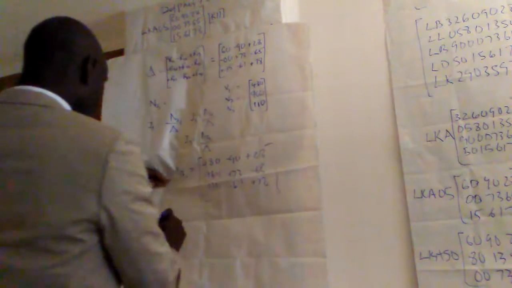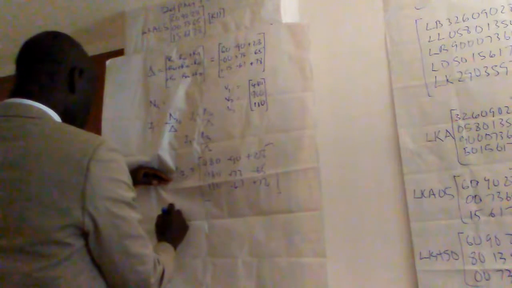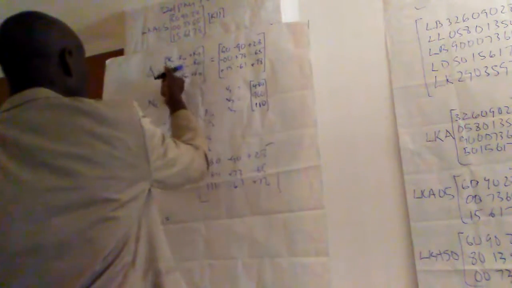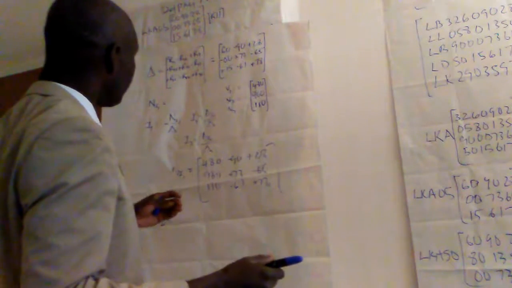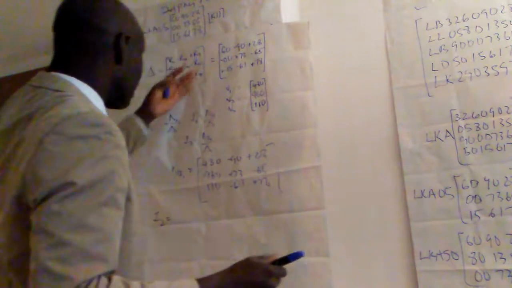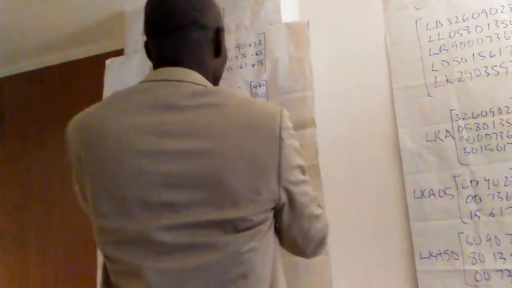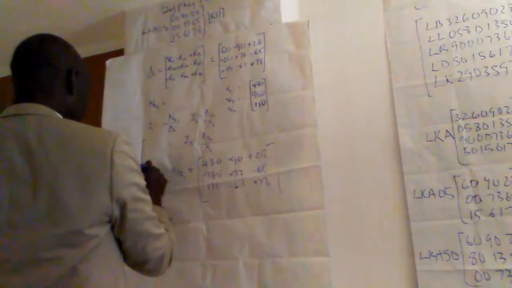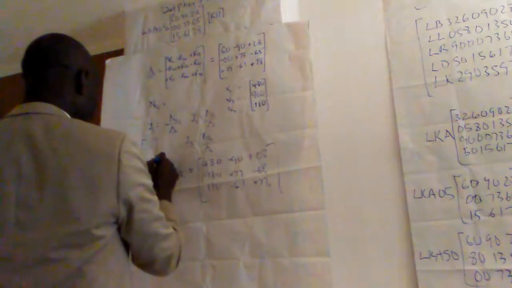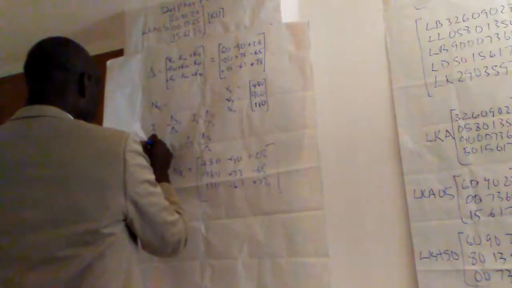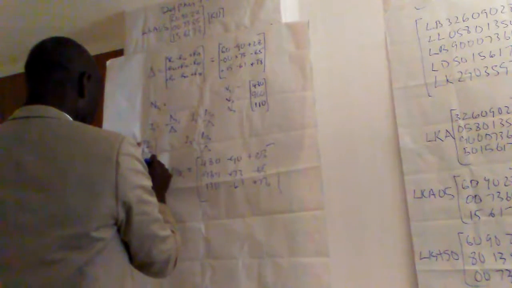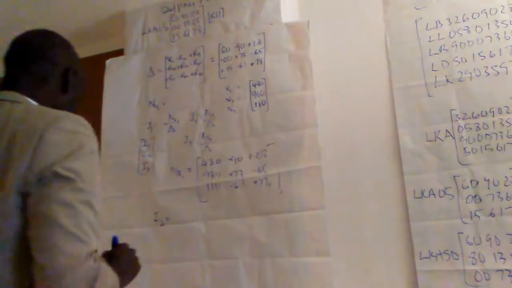Similarly, the current I2 will be found by, notice you've got voltage and current and resistance, and the unknown quantity here is the I's. Just write down the I's here. So I1, I2, and I3.